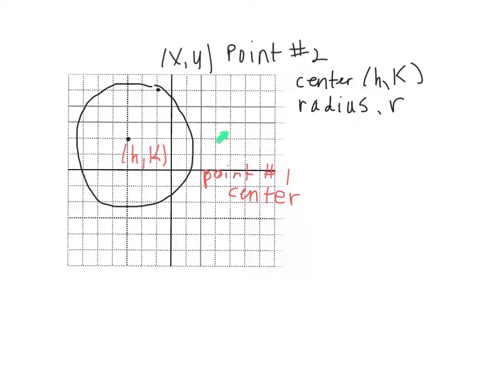It could be over here, down here, or over here, so the values of h and k could be negative. The radius is r, so that's the distance from the center out to the edge. So again, I am going to draw that in. Here, the distance from the center to the edge is r.